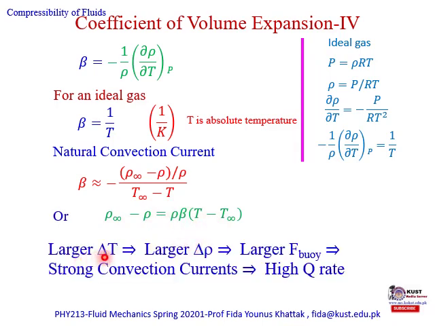So the larger the difference in the temperature, the larger will be the difference in the density that one would encounter, and that means larger buoyancy force, and larger buoyancy force means stronger convection current, and that implies higher Q rate.